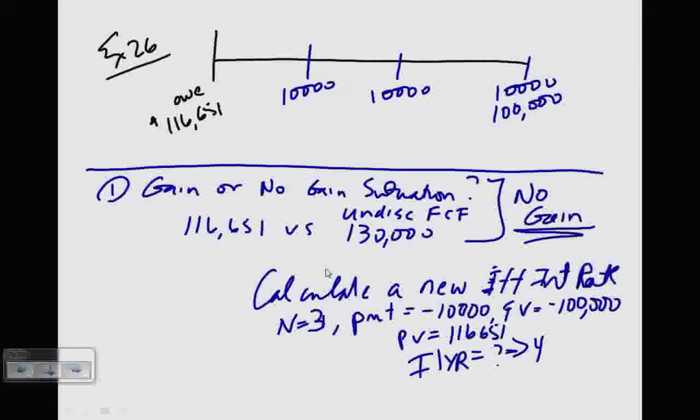So when we do this, we're not going to recognize any gain because we're still going to pay back more than we owe. However, we have a new amortization schedule.